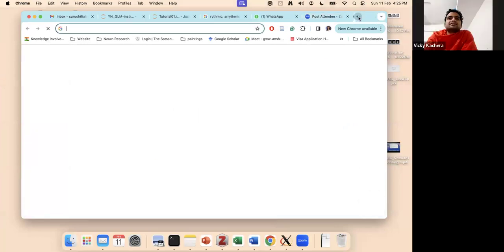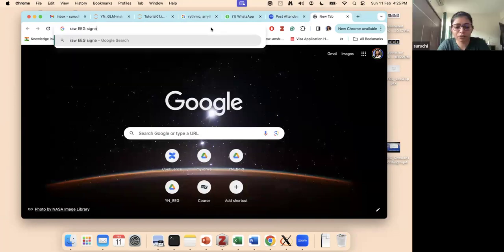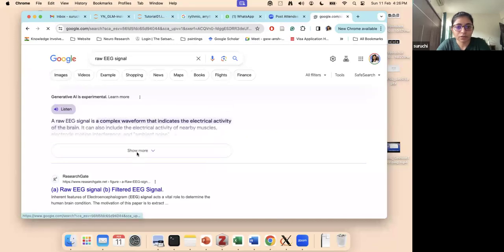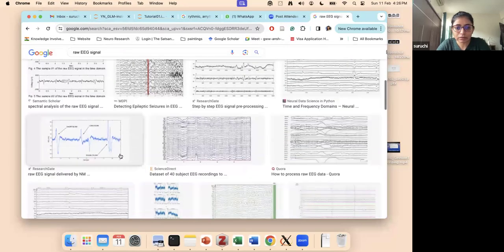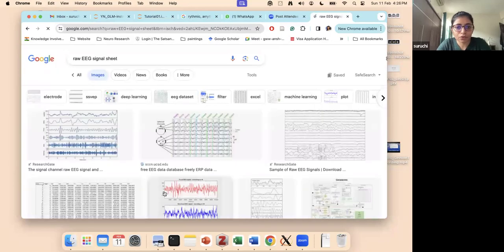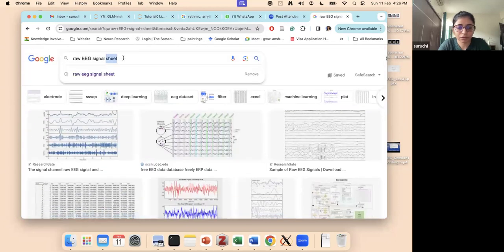Sure, let me show you. They didn't have access to computers and coding and all of that, right? And they used to typically have a printout.